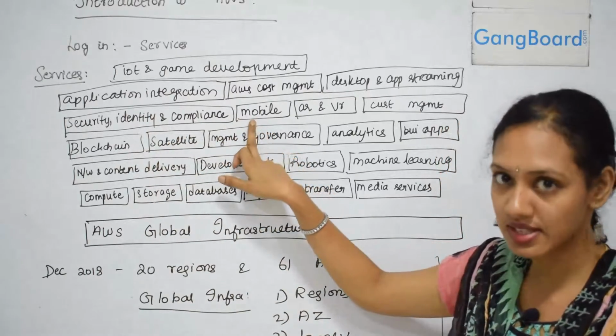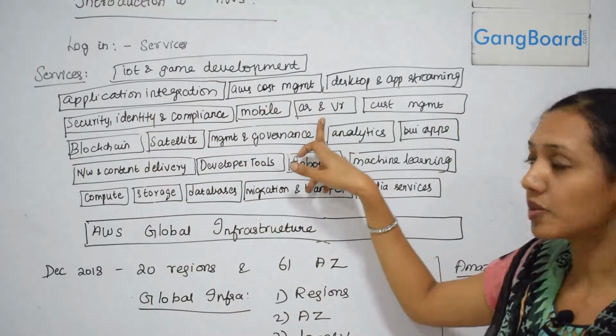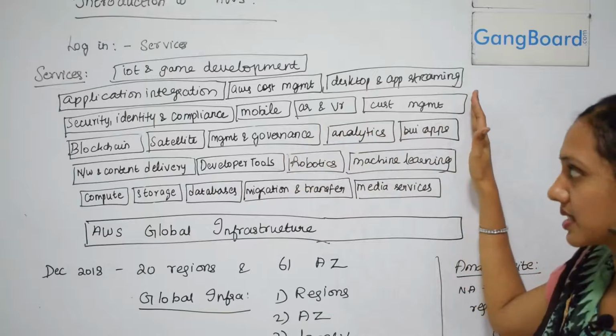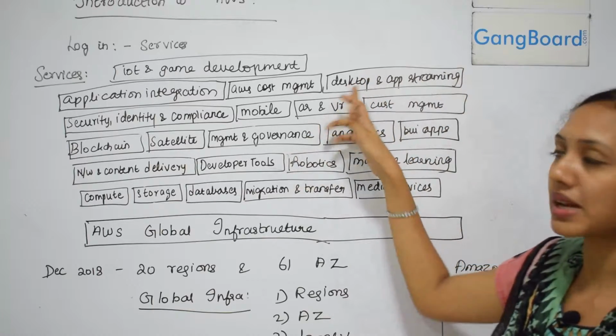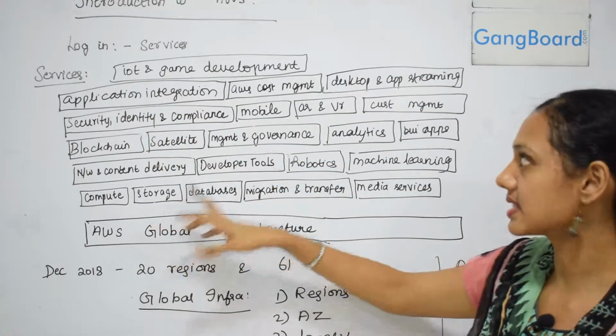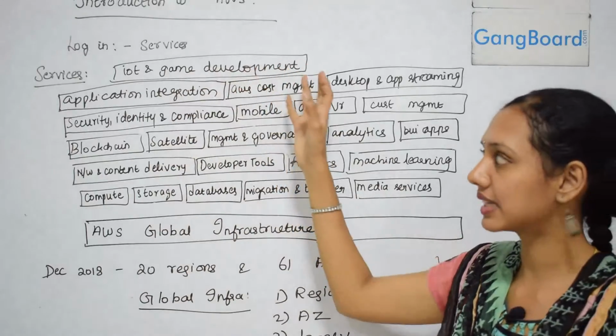Then mobile services, AR and VR, augmented reality and virtual reality. Then customer management services, desktop and app streaming services, application integration services, AWS cost management service, and IoT and game development.